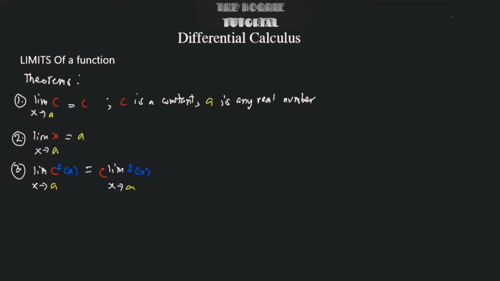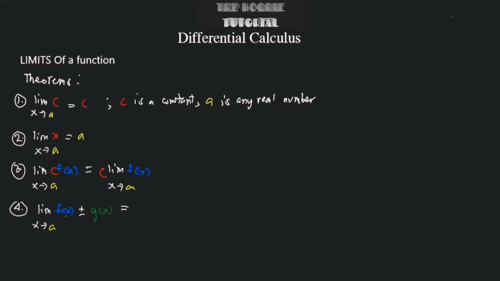So let's go to theorem number 4. Theorem number 4 told us the limit of the sum or difference of functions. Let's say we have two different functions, separated by either plus or minus. Let's say the other function is g of x, and x approaches a. So how do we evaluate this limit?